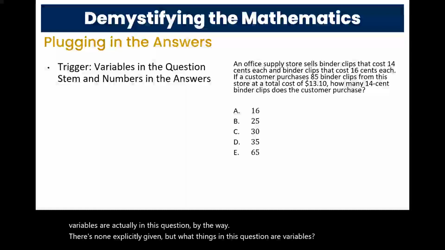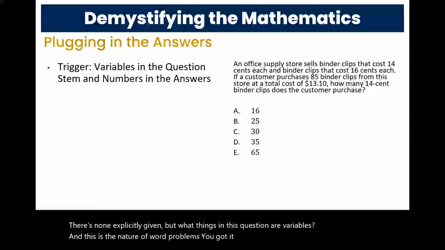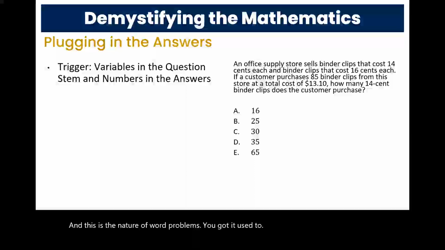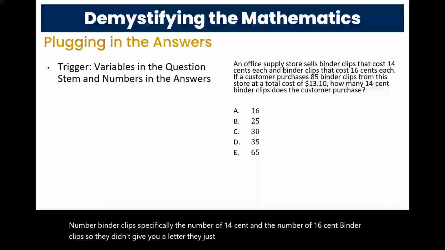And this is the nature of word problems you got to get used to. The number of binder clips, specifically the number of 14-cent and the number of 16-cent binder clips. So they didn't give you a letter, they just gave you some unknown, and those things are the variables.